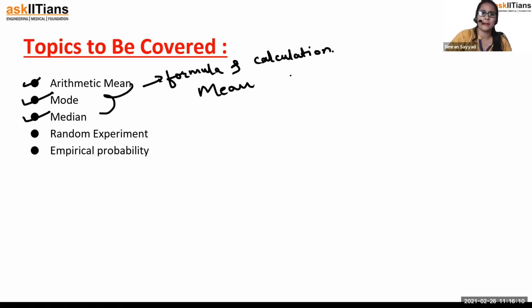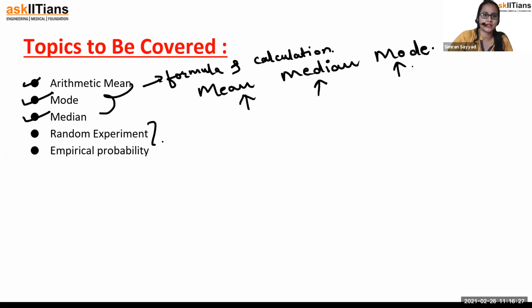They are related to one another in some way or other. So we'll go step by step. First we'll learn mean, then median, and then mode. After that, these two parts are related to your probability.